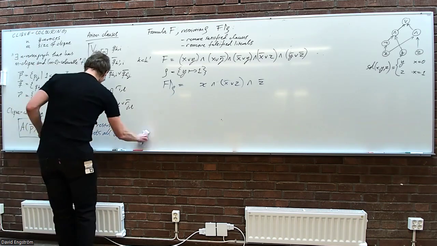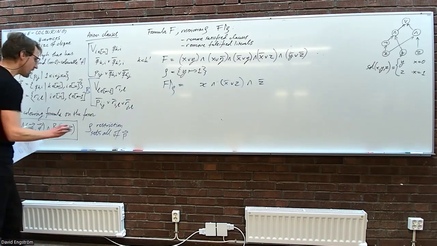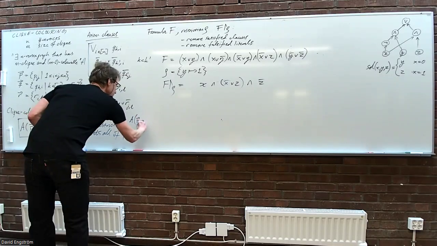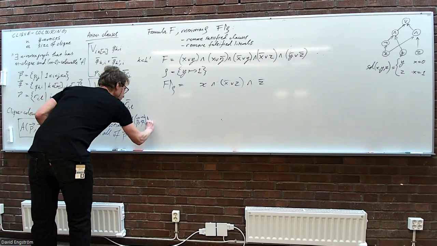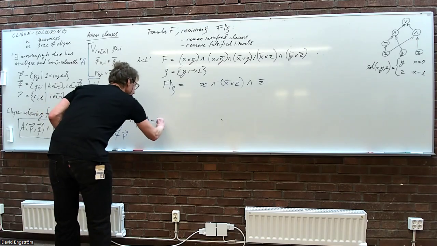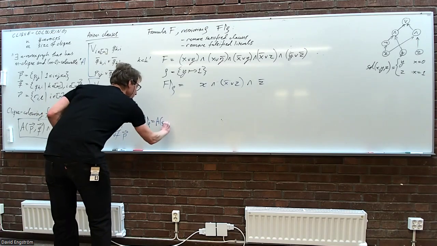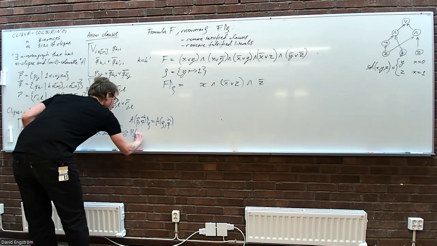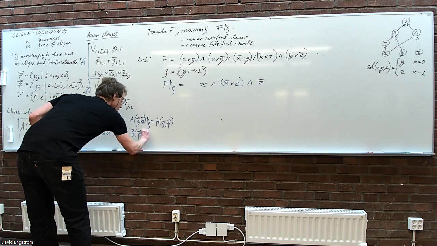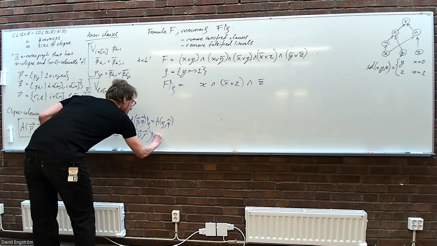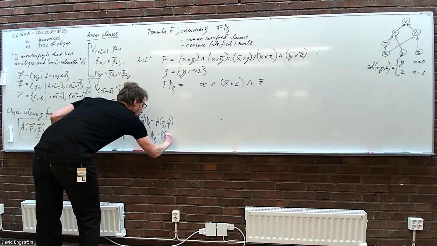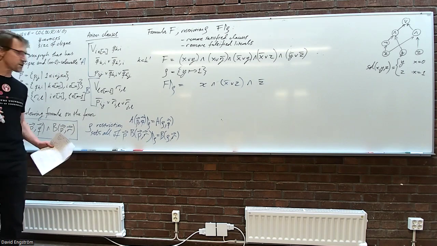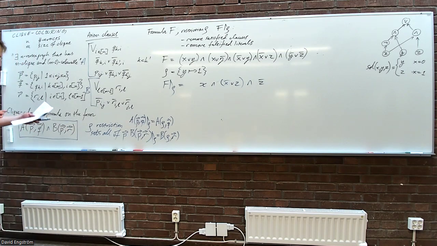From now on, to save some typing, I will just plug in rho here instead of the P variables, so A restricted by rho, and in the same way B restricted by rho. Let me just introduce this notation to type less.